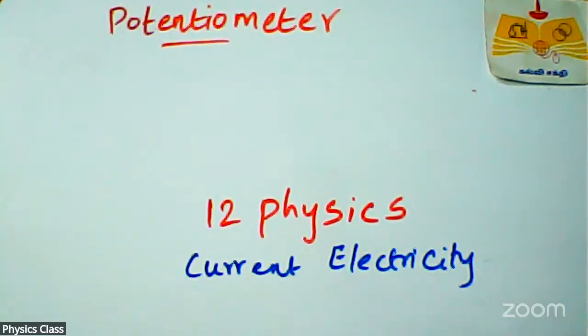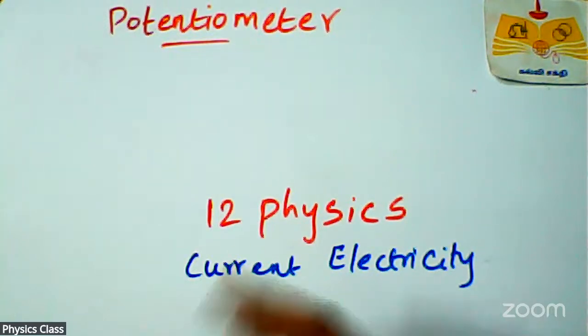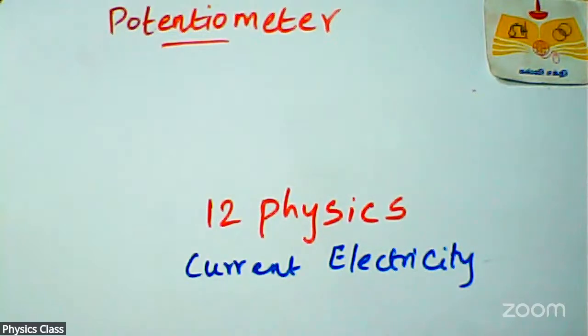That is, with the help of this potentiometer, how the EMF of two primary cells are compared. That is one case. Another case is how, by using potentiometer, the internal resistance of the given primary cell can be calculated. Okay, there are two cases which we have to calculate by potentiometer.